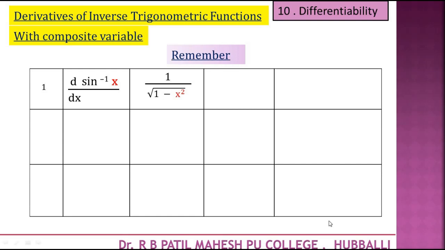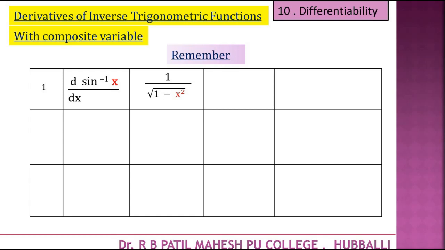See, in this answer, this x square is nothing but the variable of the function, this x only. We take the square. Suppose this x is replaced by any function, then how do we write the derivative? It is 1 divided by root of 1 minus, in this place whatever the function is, we have to square that one, into d by dx of that function.